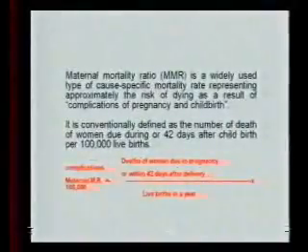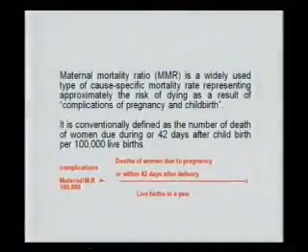Then there are other measures of mortality. Very widely used is maternal mortality. It is known as the maternal mortality ratio instead of a rate. It is conventionally defined as the number of deaths of women, as shown in the slide here, during pregnancy or within 42 days after childbirth, per 100,000 live births.